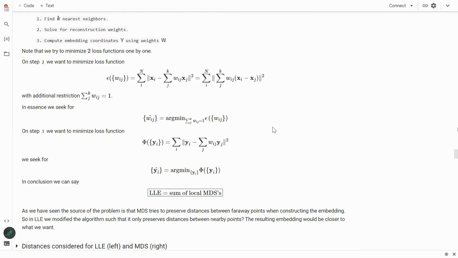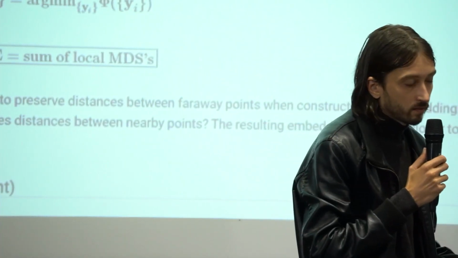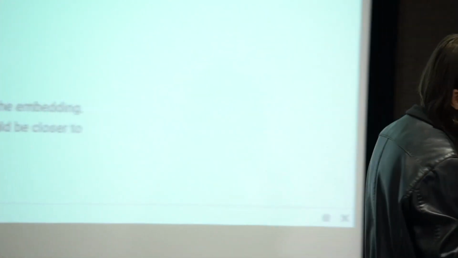So what I want you to take away from this slide is the statement that LLE, so locally linear embedding, is some sort of sum of local MDSs. So instead of doing the multidimensional scaling of the whole manifold, I'm working with small patches. And that work with small patches can be formalized in some way, and you get LLE.